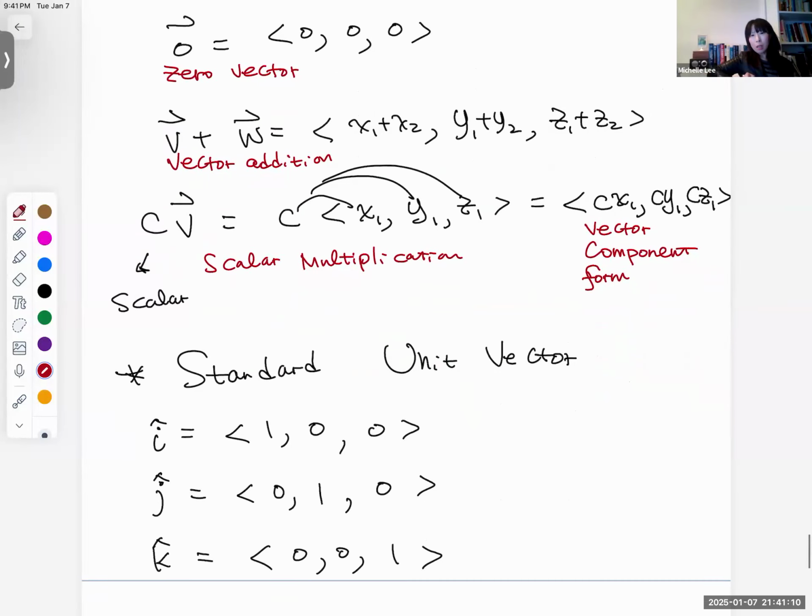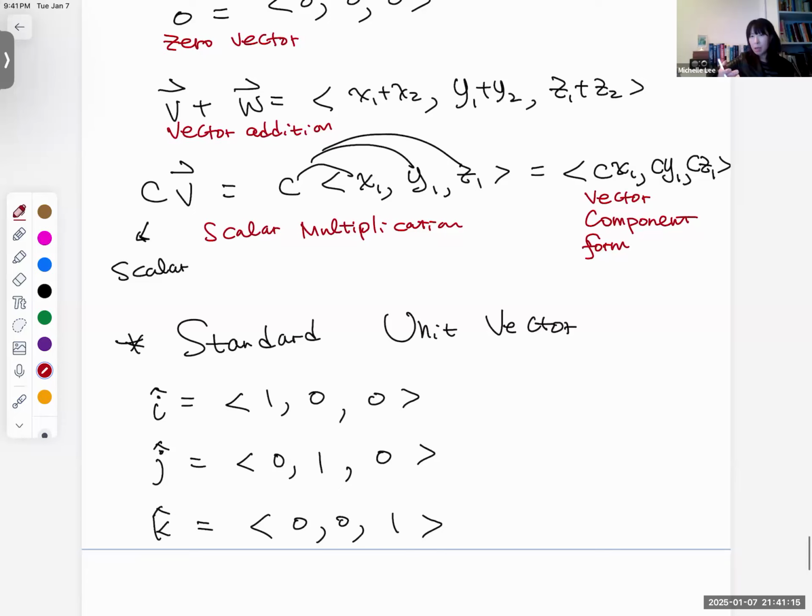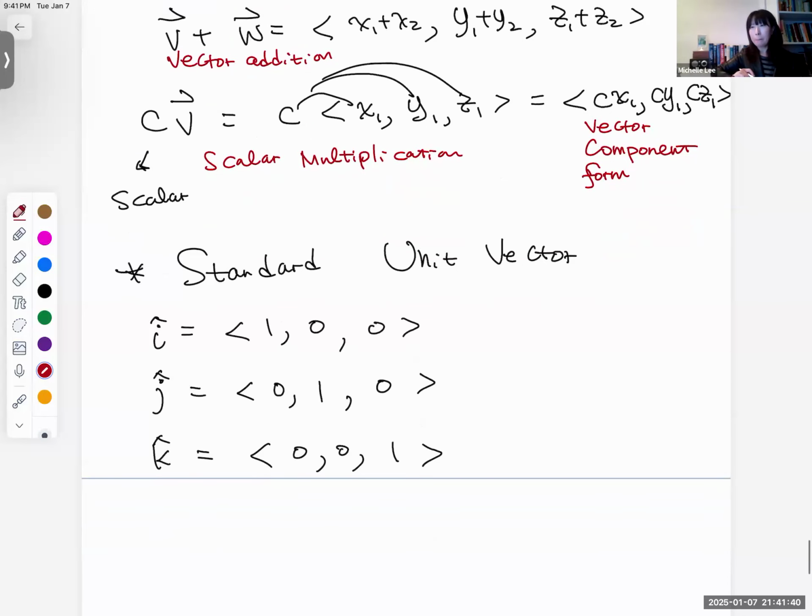Okay, we learned the standard unit vectors last time, I, J, K. 1, 0, 0, 1. Oh, we didn't have the last one, right? K, right? So I in 2 dimensions is 1, 0. J in 2 dimensions is 0, 1. Now we have in 3 dimensions 1, 0, 0 for the I. J equal to 0, 1, 0. K equal to 0, 0, 1, right? Then 2 dimensions, so 2D.